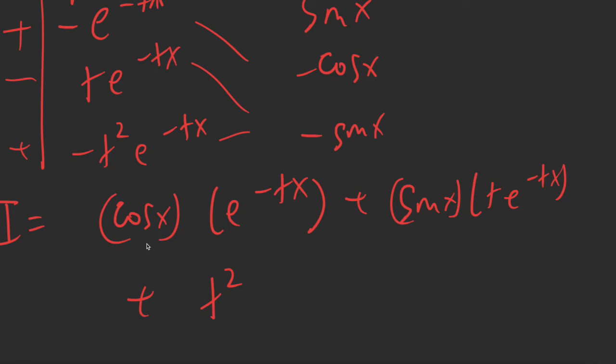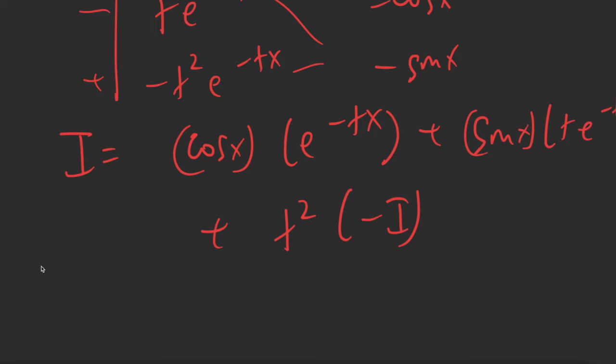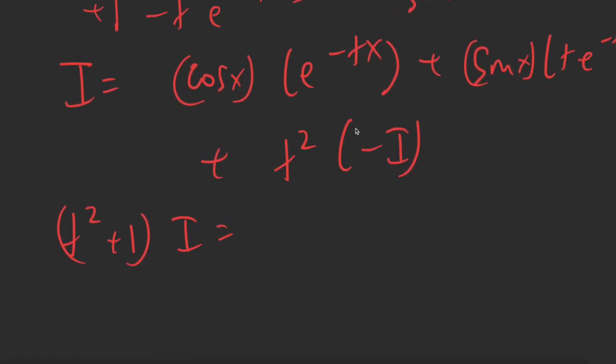Wait a minute, one second. That gives plus and plus, so that we want a minus, so t square into minus I. So now we have t square plus 1 into I is equal to, well, this big thing over here with the limits from 0 to infinity.